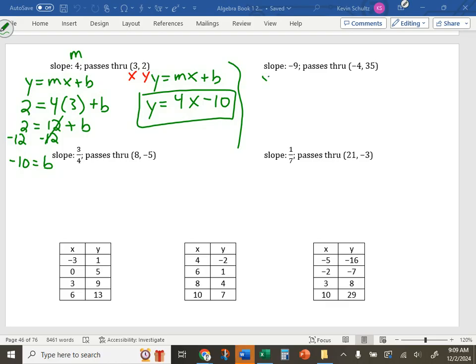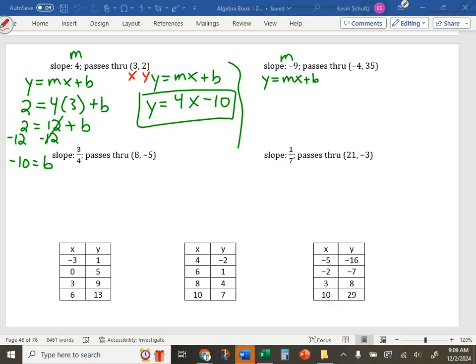We want slope-intercept form, y equals mx plus b. We know negative 4, 35. Well, start with what we know. Slope, that's our m, given to us. Y-intercept, not given to us.